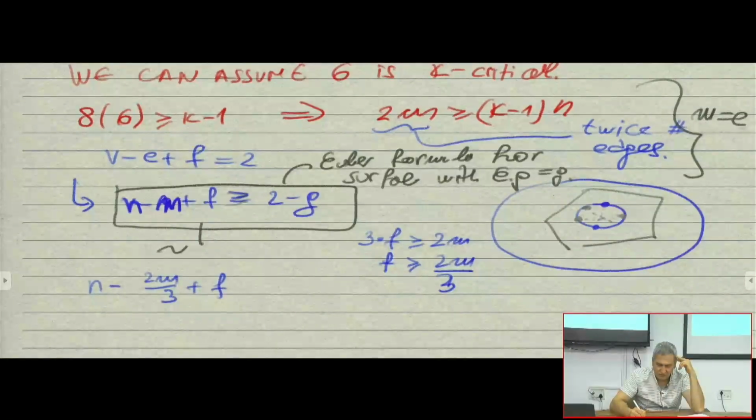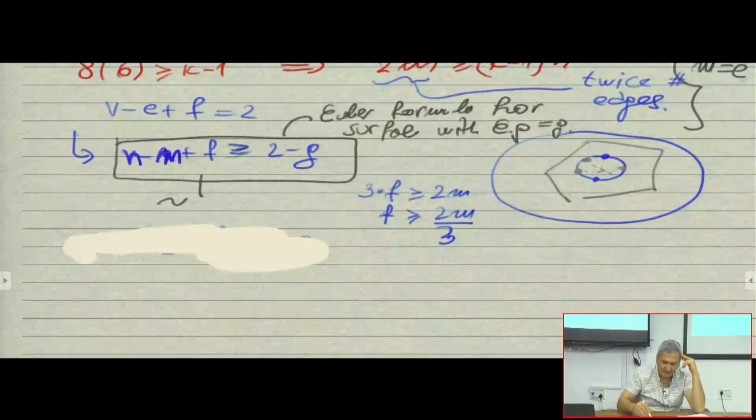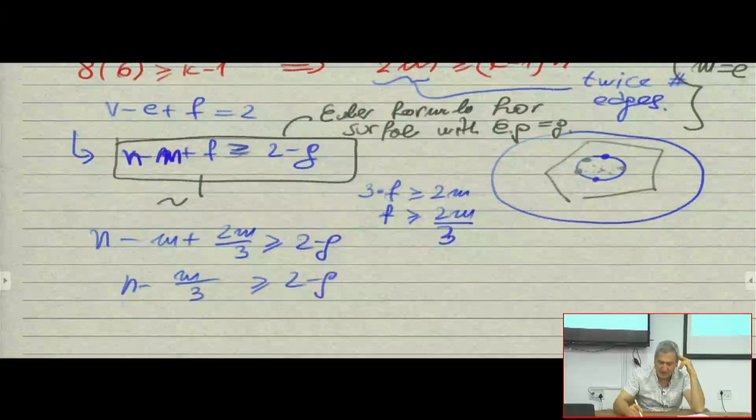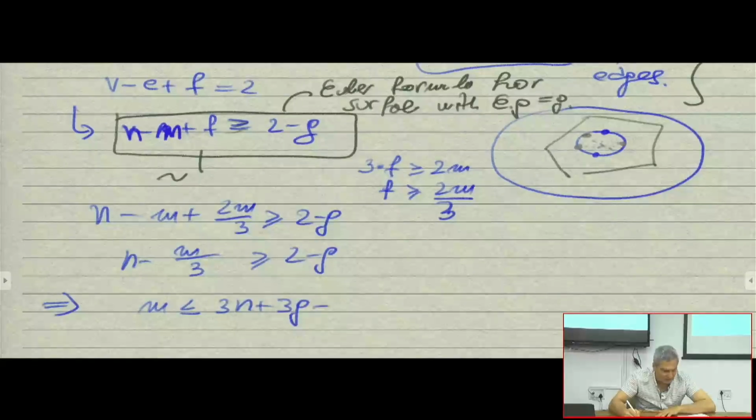We can plug that here. Then we have N minus M plus 2M over 3 is at least 2 minus g, and we simplify: N minus M over 3 is at least 2 minus g, and from here we get M is at most 3N plus 3g minus 6.